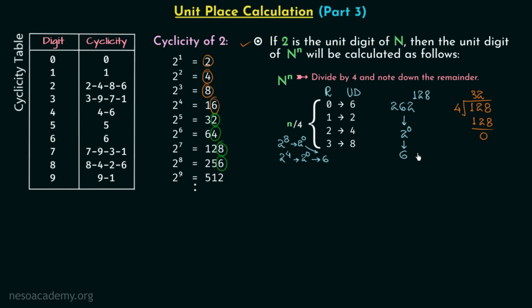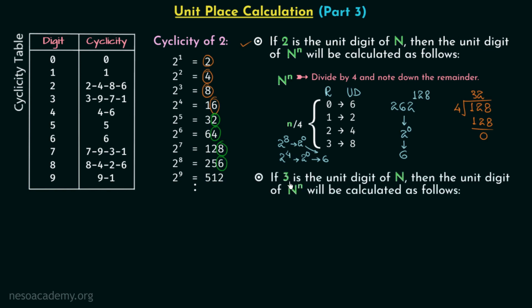Let's now move on to our digit 3. 3 has cyclicity 3, 9, 7, 1. The interval will remain equal to 4 in this case as well. And if 3 is the unit digit of number n, then the unit digit of n power small n will be calculated as follows.